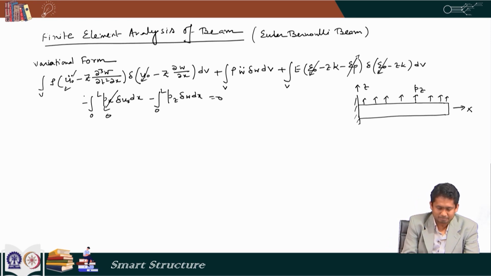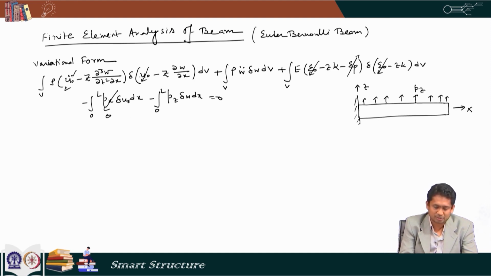And apart from that, if I look into the contribution of this term, whatever is left here, the contribution of this term is also much less as compared to the contribution of the other terms, because when these two terms get multiplied, z square on being integrated gives me I, the moment of inertia, and I is much less as compared to the cross sectional area A, and density is also much less as compared to the elastic modulus.